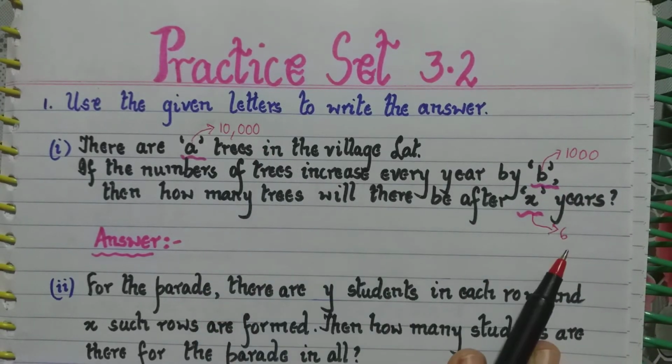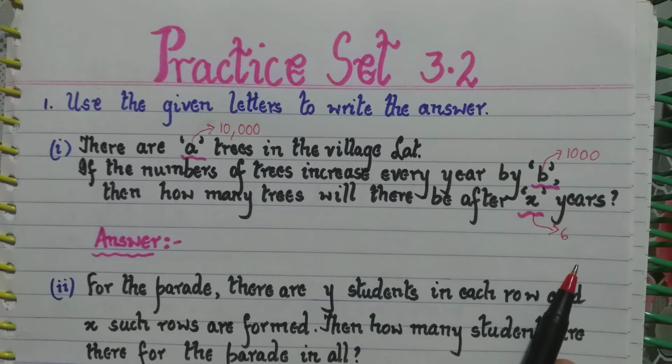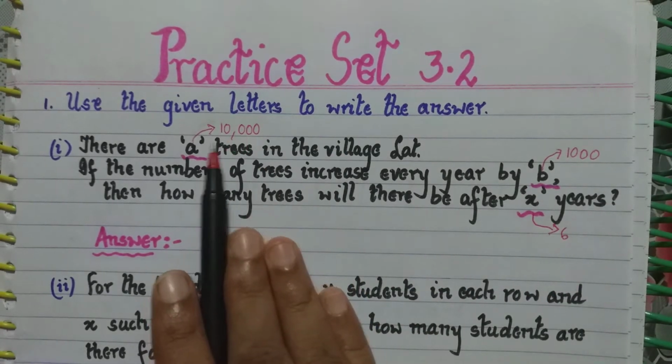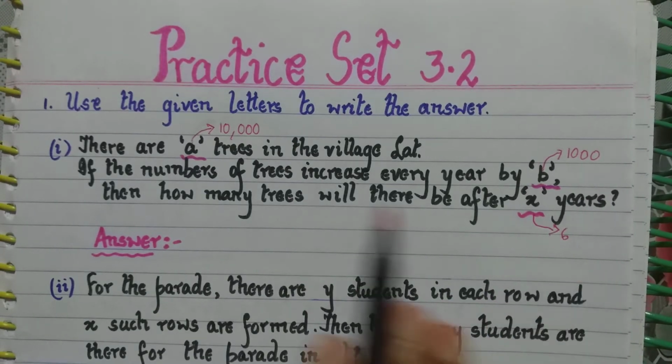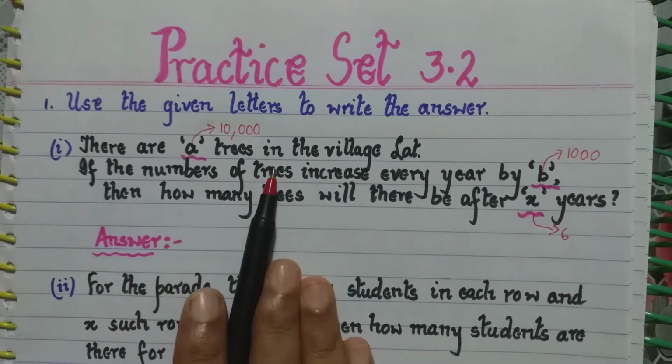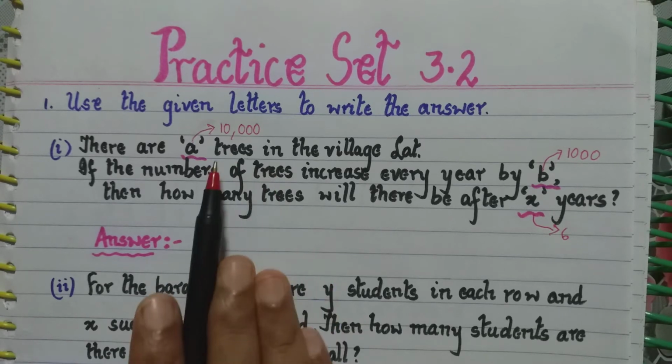So after 6 years, the salary of this person would be 10,000 plus 1000 into 6. Now what will it be for the trees?